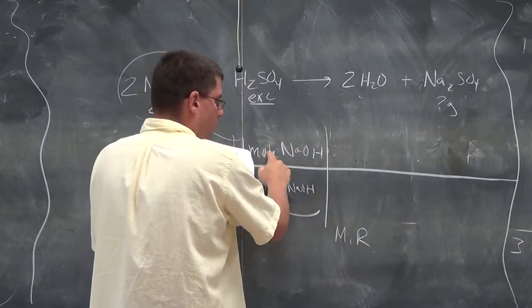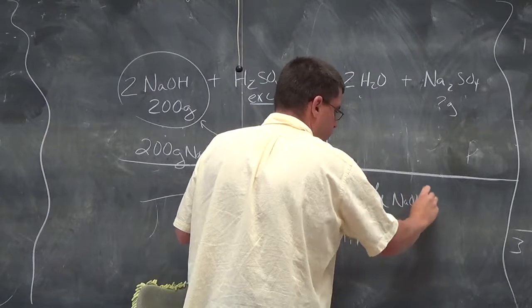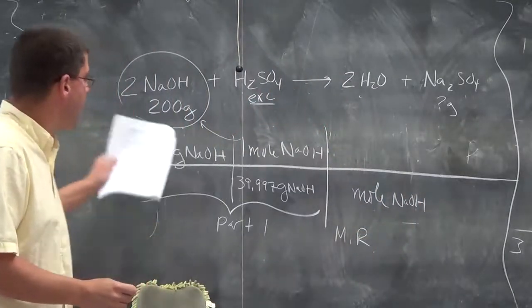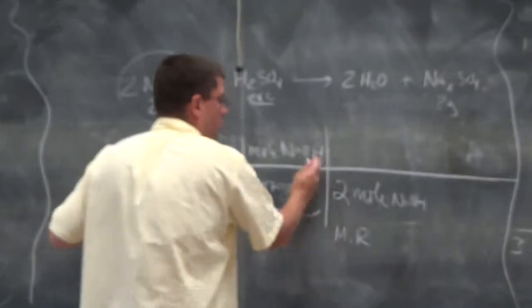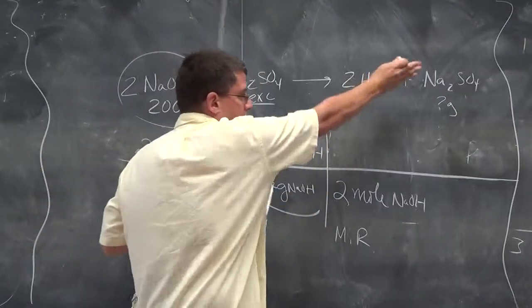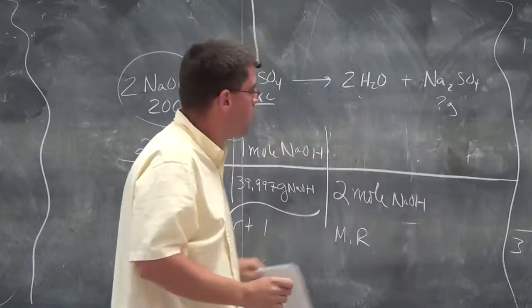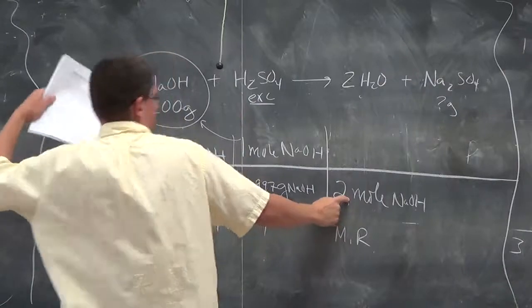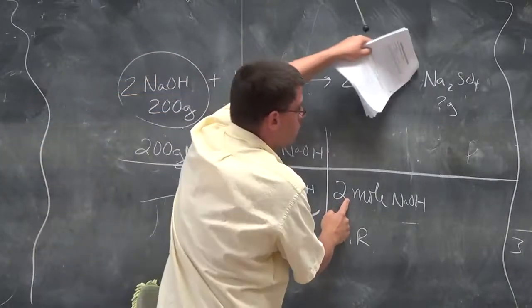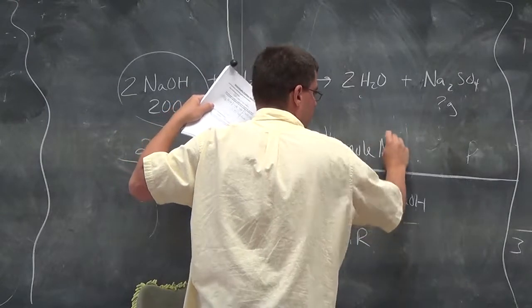So what will we put down here? Moles NaOH. Well, how many moles do I actually have? 2. Now we're transitioning from reactants to products. Now let's look ahead. We've got to work with sodium sulfate. How many moles of sodium sulfate are present? Look at this relationship. 2 moles here with the coefficient, 1 mole sodium sulfate.